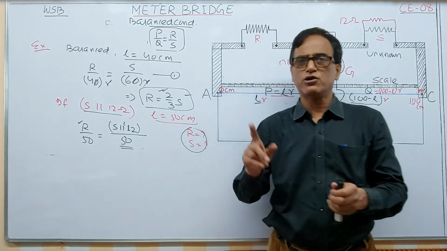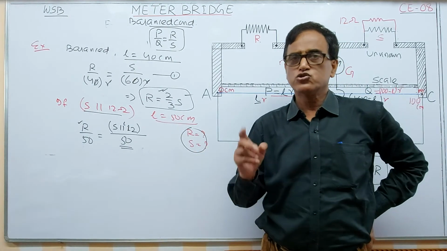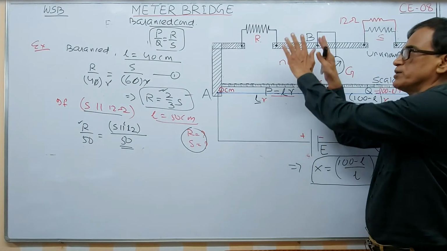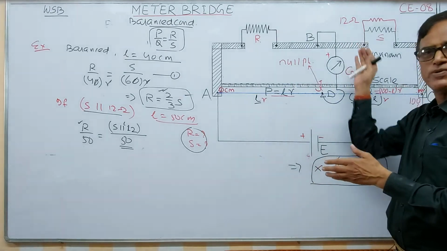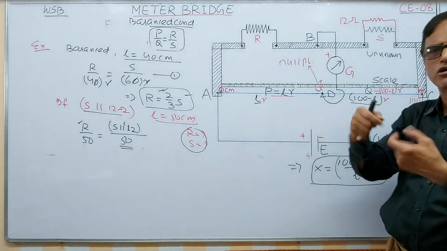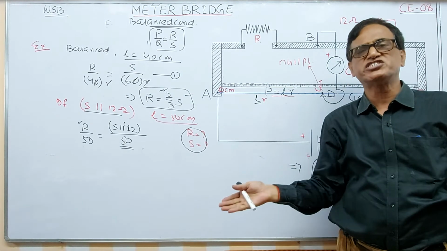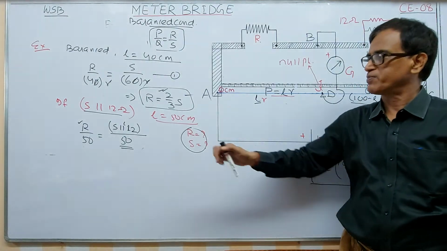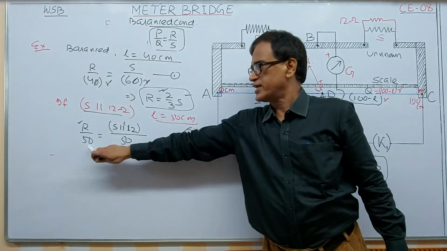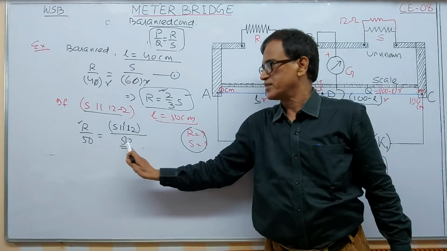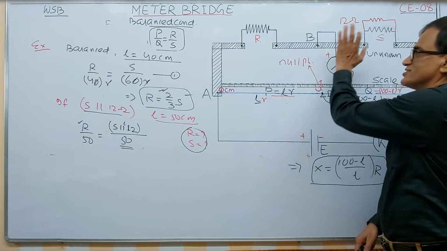You may be asked, I have done this one in the material, so in this manner you may be asked: one balance condition is given, this by this, and based on that one series or parallel resistance is connected, then the balance point changes. Then you can apply R by the balancing length divided by that combination by that length. This by this is equal to this by this.